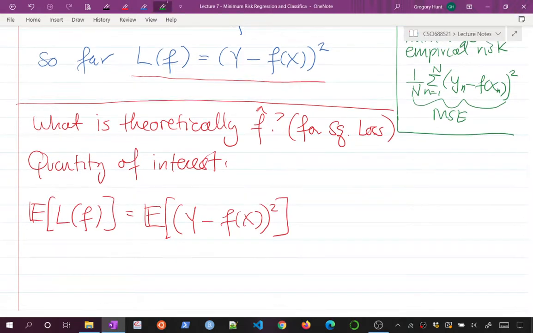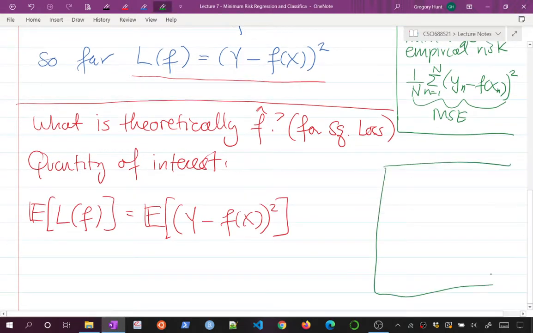Now, let's bring back some terrible flashbacks from 451. Recall that if I want to calculate, for example, the expected value of x, I can use my iterated expectation formula.